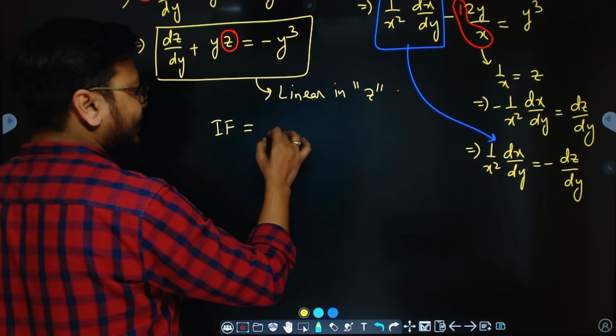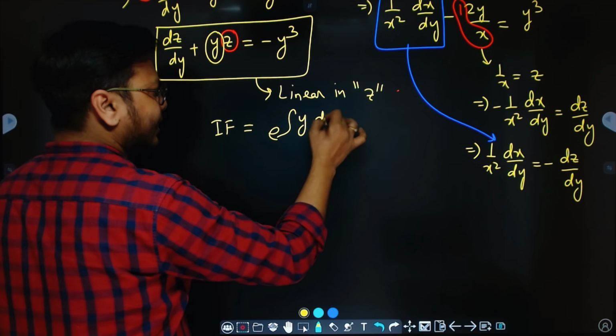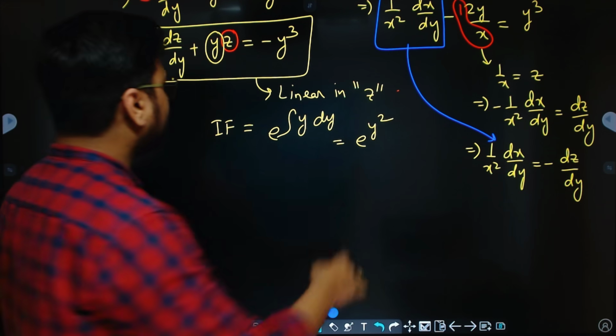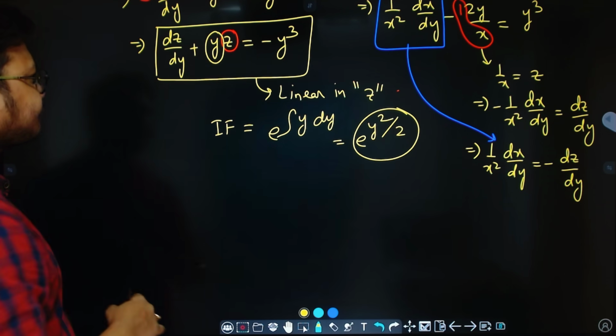So the integrating factor is going to be e to the power integration. This is my p term, so p dy. So that means e to the power y square is my integration. E to the power y square by 2, that's my integrating factor, right?